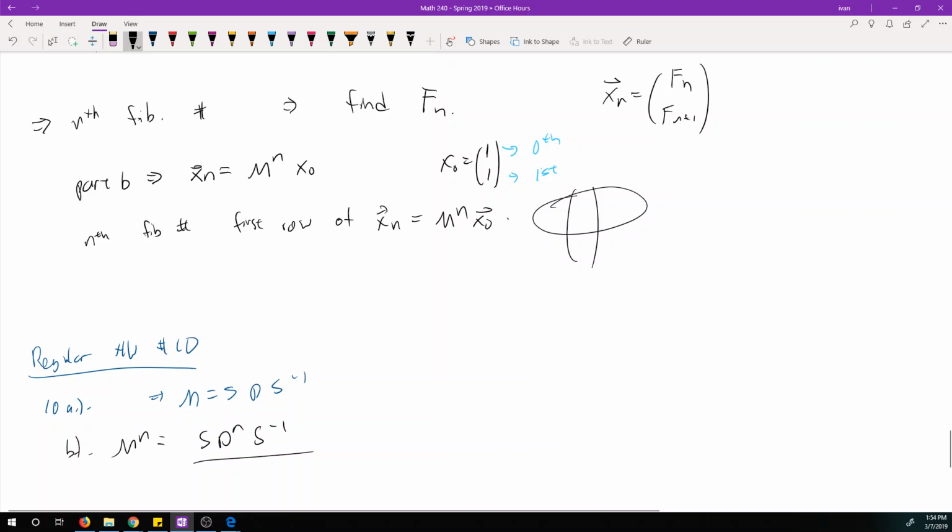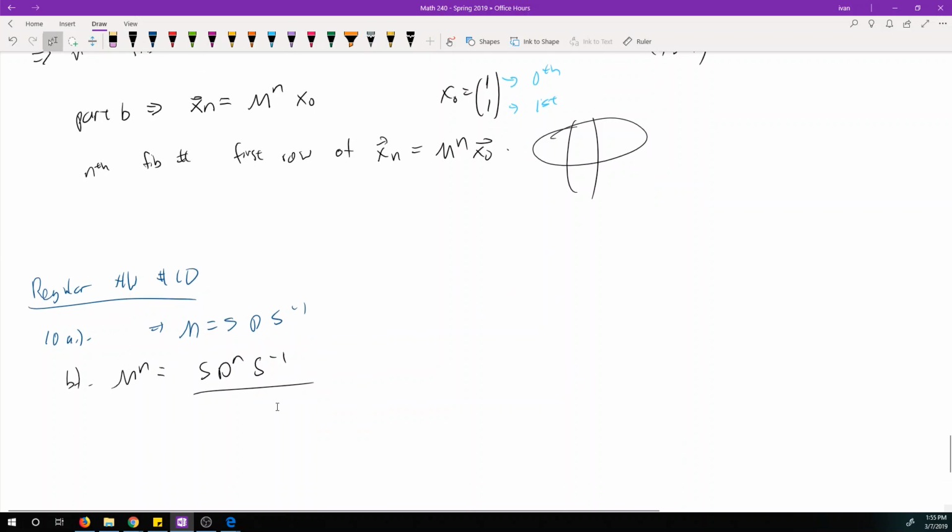The last part is part C. Now, since you know what this is, for part C you still want M^n equal to S D^n S inverse, but now you let n go to infinity.